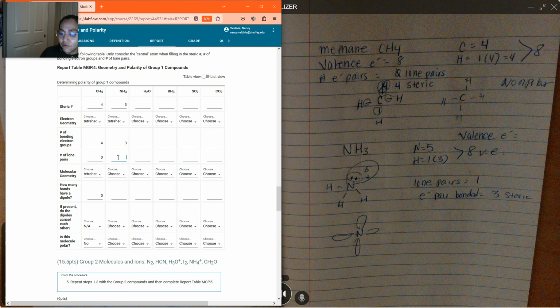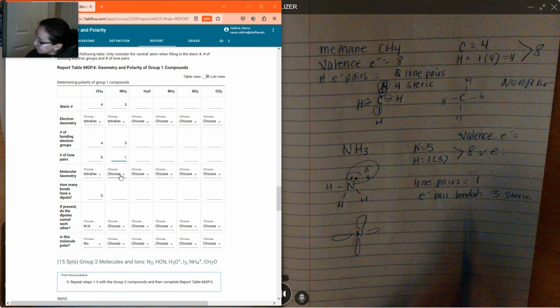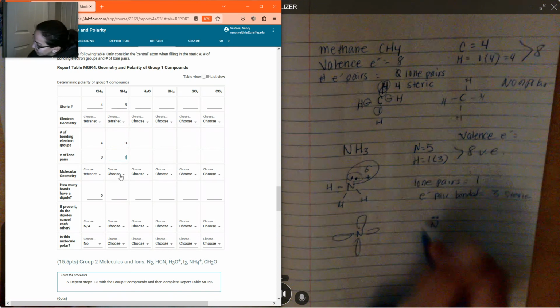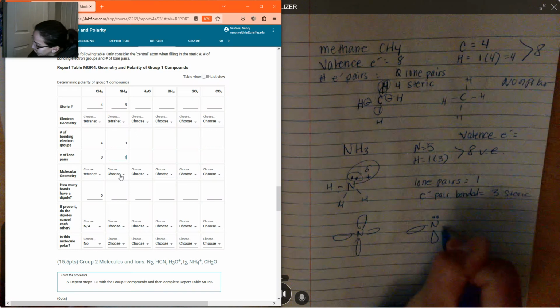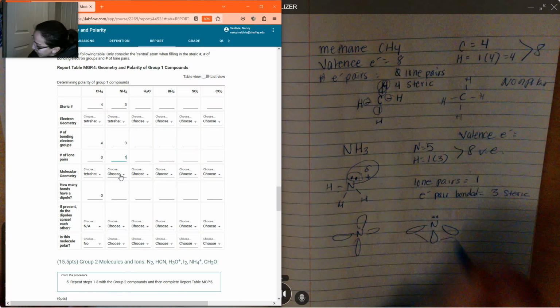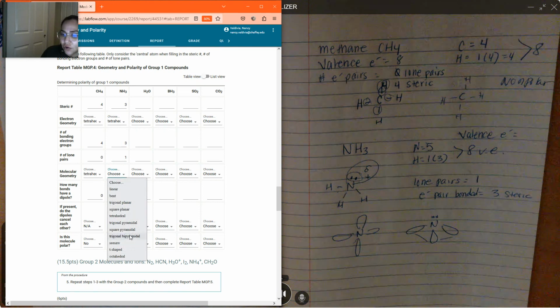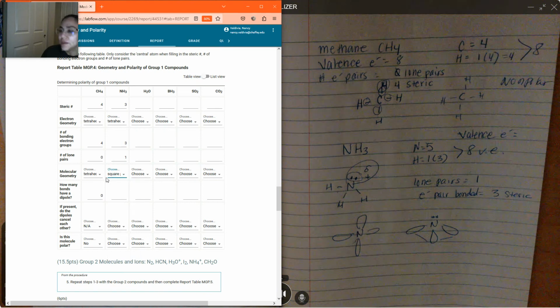The number of lone pairs is 1. So that actually is going to change the molecular geometry, because the molecular geometry does not count the electrons as a group. So now instead we have this shape here, which is going to be a trigonal pyramidal. Okay. Go ahead and review your notes when we did electron geometry, I believe in chapter 9.